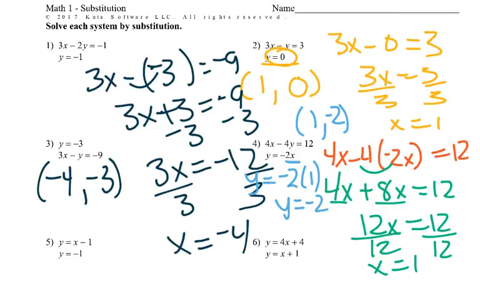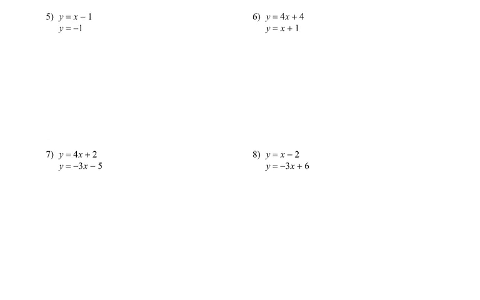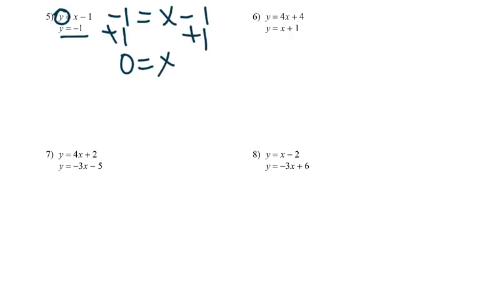Okay, that one was a bit more complex. We had a little bit more to do, but it's the same concept. Okay, number 5, y equals -1. So I replace this y with -1, and then I solve for x. So -1 plus 1 is 0, so I get x equals 0 and y equals -1.